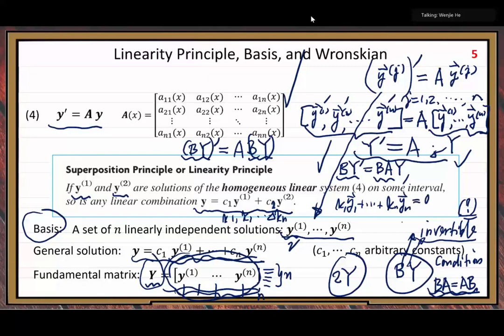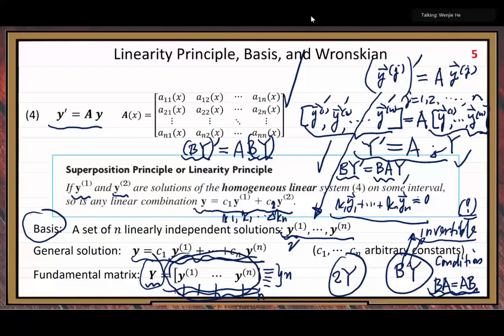That means they are linearly dependent. These K are not all 0, so there are some non-zero numbers in this set of K coefficients. So that is basic linear algebra knowledge, okay?